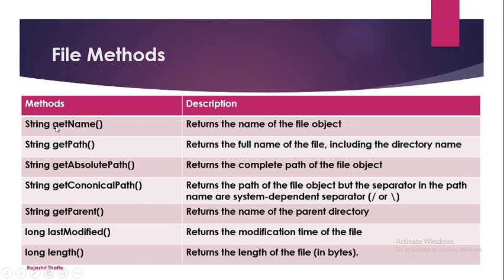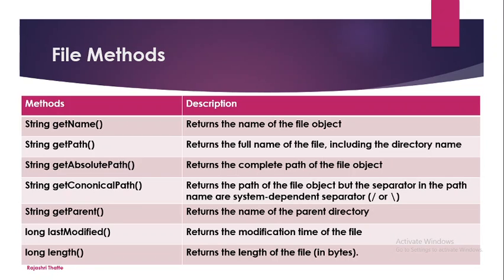So g is small, N is capital, and no blank space is allowed in an identifier. You can see here in the function name it is one word, getName, g is small, N is capital. You should know this convention, because throughout this Java 2 series we require these conventions everywhere.